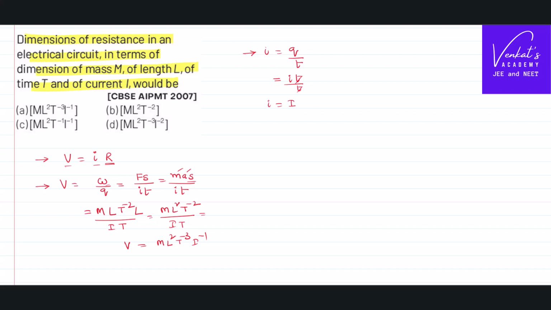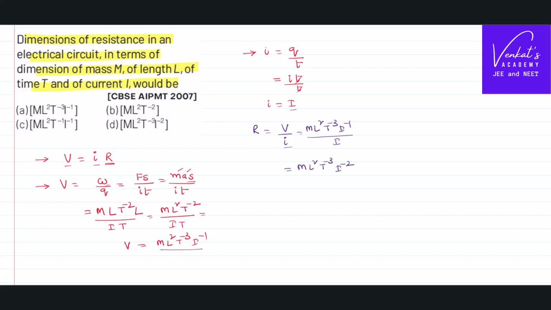Resistance can be written as V by I. V has the dimension we have already found, M L square T power minus 3 I power minus 1, divided by I, which is I itself. So the dimensional formula of resistance is M L square T power minus 3 I power minus 2.